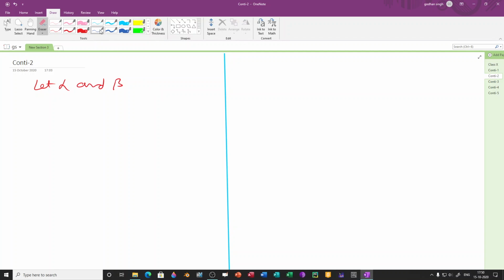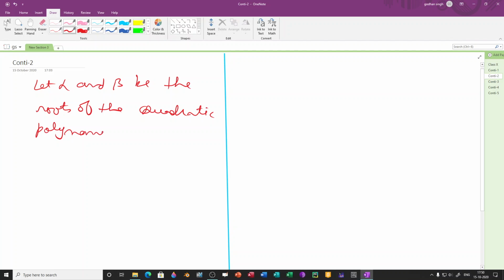Let alpha and beta be the roots of the quadratic polynomial x square plus kx plus k.